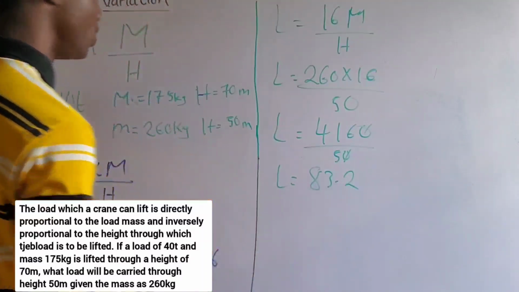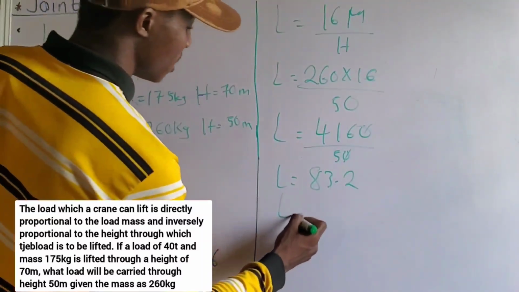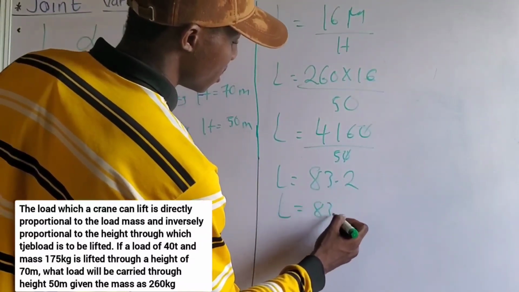The unit is in tons, so leave it in tons. L equals 83 tons.